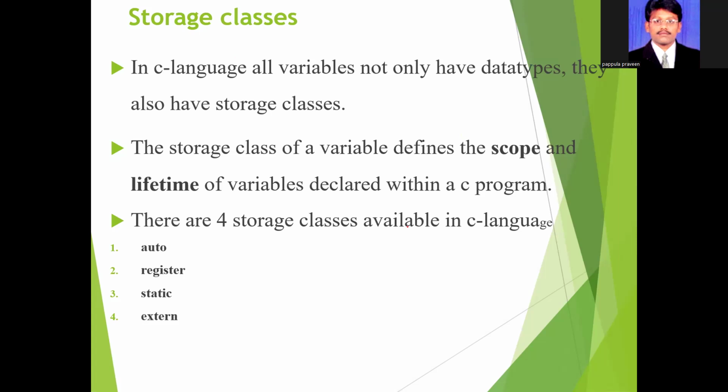In our previous programs, we declared just int a with no specifier, but this variable is the default, the auto variable. The storage class of a variable reflects the scope and lifetime of the variable. There are four storage classes.